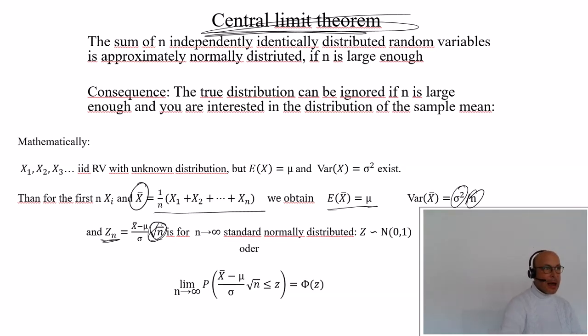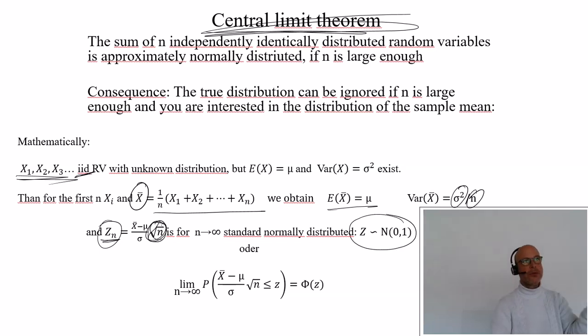If we move n to infinity, we can show in general that this random variable, where at first we do not know how it is distributed, we only know that the starting variables are independent and identically distributed, moves in the limit to the standard normal distribution.